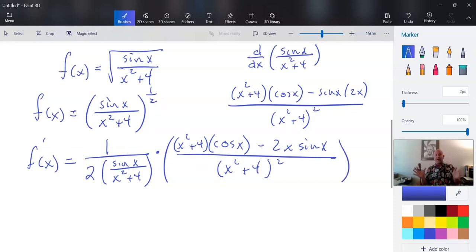Now, even though we haven't cleaned any of this up, this is actually a perfectly fine answer. There are some things we're going to be able to clean up a little bit, though. So first of all, I think we can see that the numerator is going to be the numerator of our final answer, right?